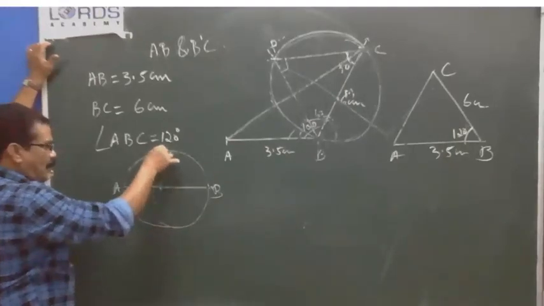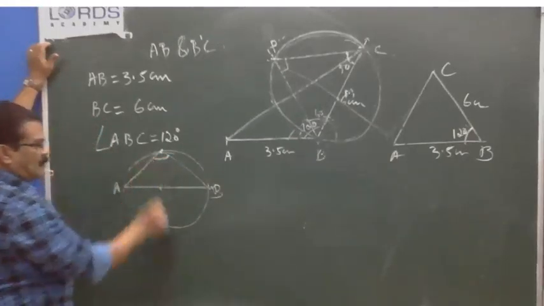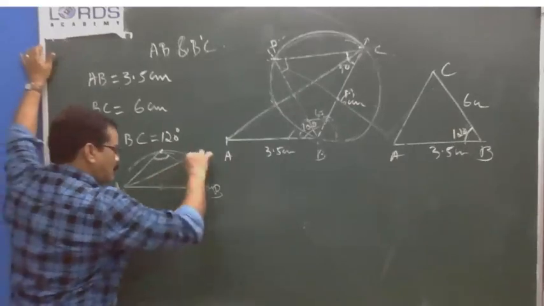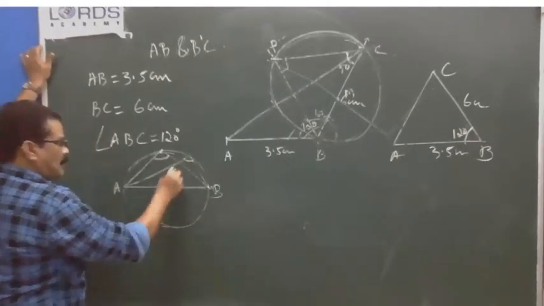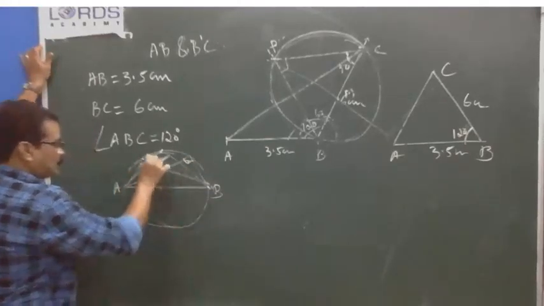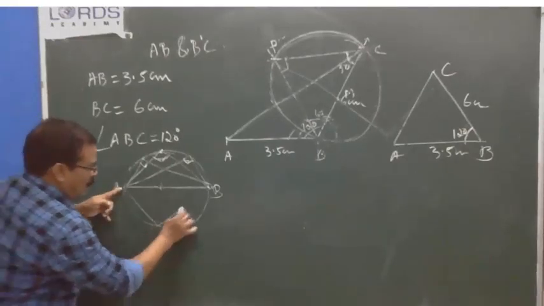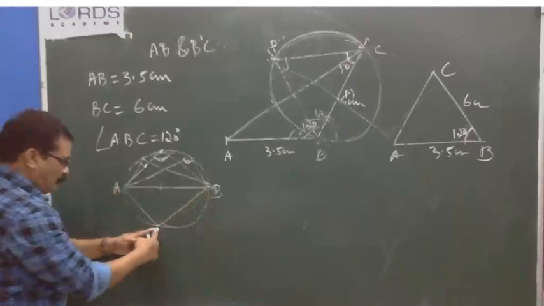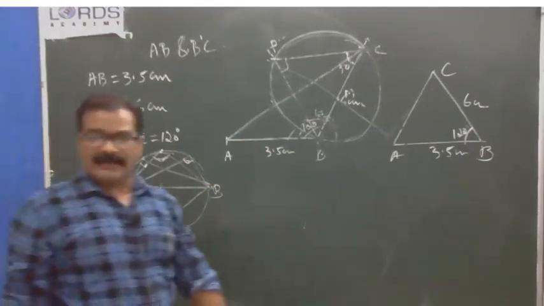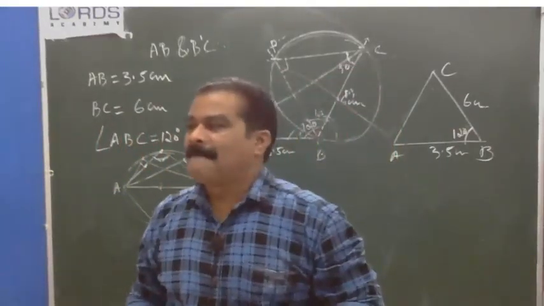When you take any point on this and make an angle, this angle will be 90 degrees, a right angle. Any point you take, this also is 90, 90, 90. From this end point, we join with any point, you will get 90. That means angle in a semicircle is 90 degrees. Trisha, did you understand? Okay.